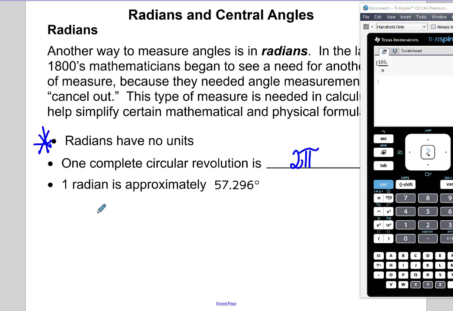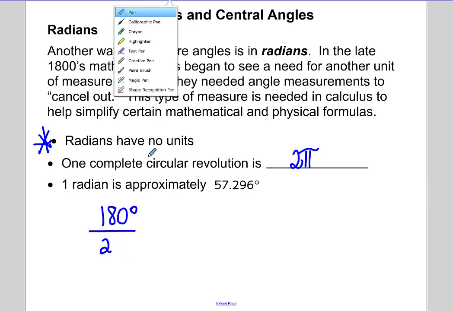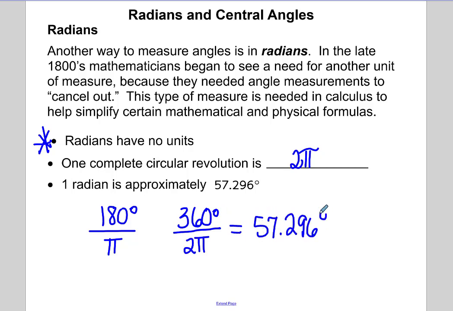And if you think about dimensional analysis, 180 degrees compared to 1 half of a revolution, which is pi, or comparing 360 degrees, 1 complete revolution to 1 complete revolution, my answer is going to end up 57.296 degrees because radians have no unit on them.